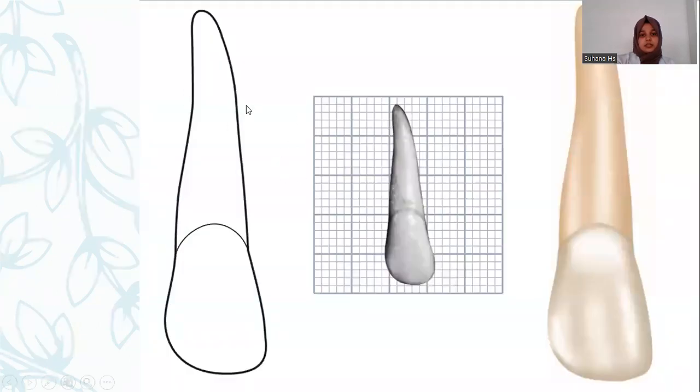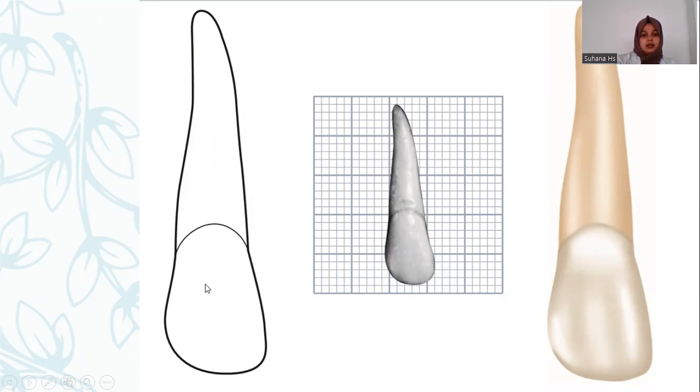This is the picture showing the labial aspect. Here we can see that the curvature is more for the distal aspect than for the mesial aspect, and the mesial and distal are somewhat rounded when we compare with the centrals.